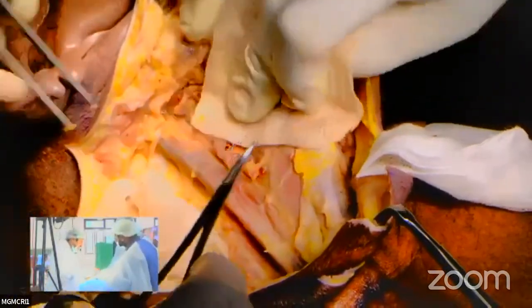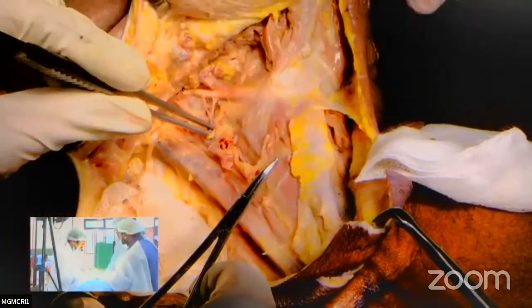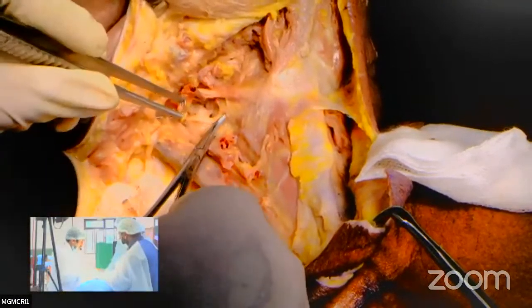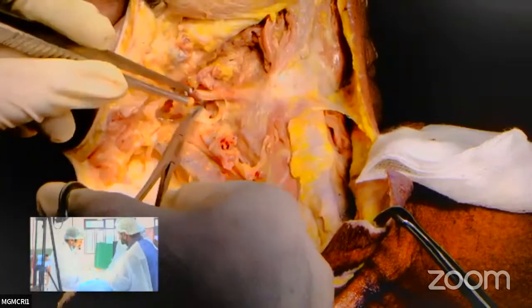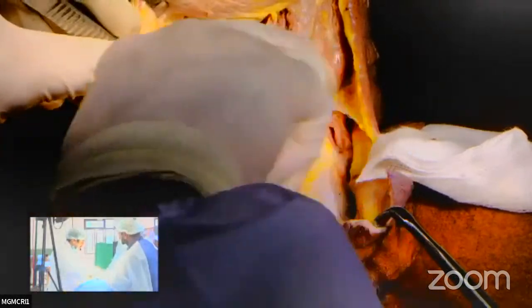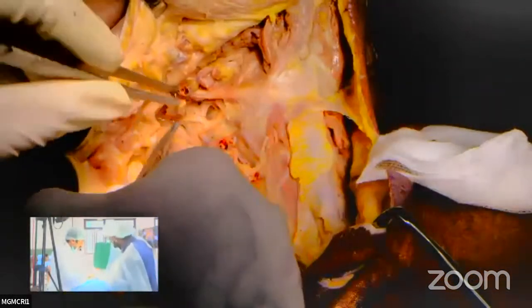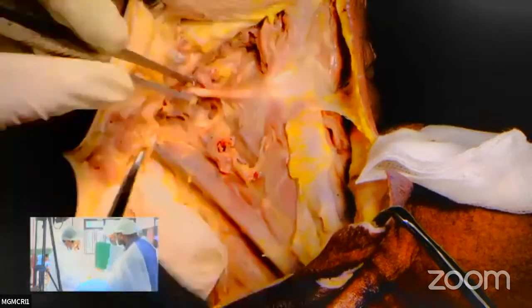How do we get to it? Identify your venae comitantes, cut and clip the vein on top, identify the hypoglossal, dissect between the hypoglossal nerve and your digastric tendon. You will see this knuckle here. On top of it, you'll have your facial artery. This is your facial artery.